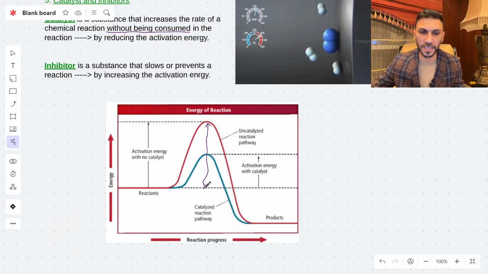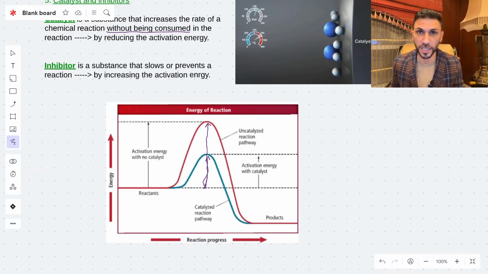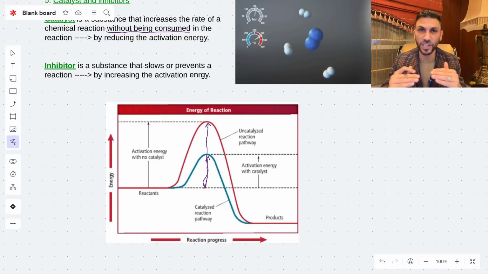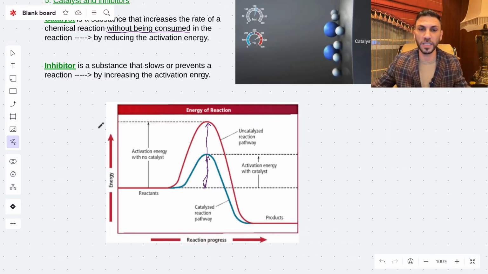But when you add a catalyst, the activation energy is lowered. That means this reaction can occur at lower energy. So the minimum energy that is required for this chemical reaction to occur is now lower. And that means we need less energy for these particles to collide, a correct collision with sufficient energy to make the chemical reaction.